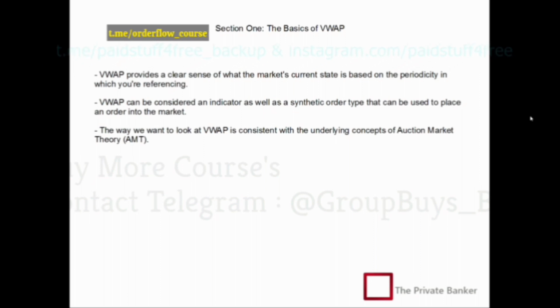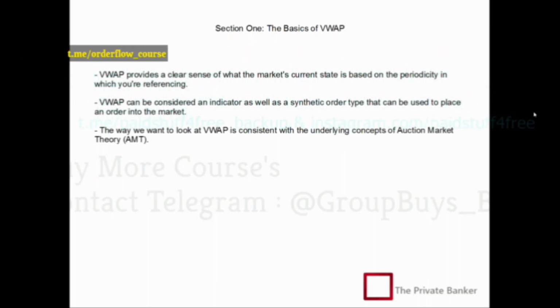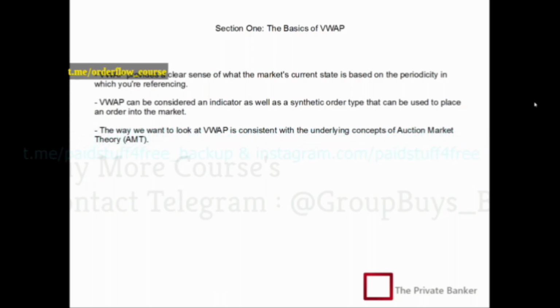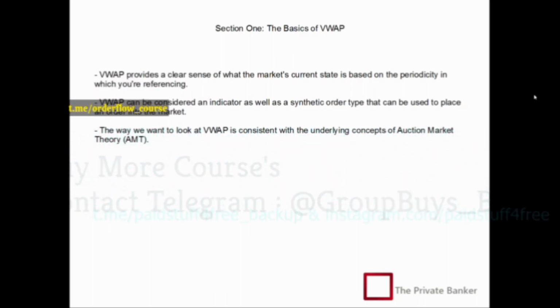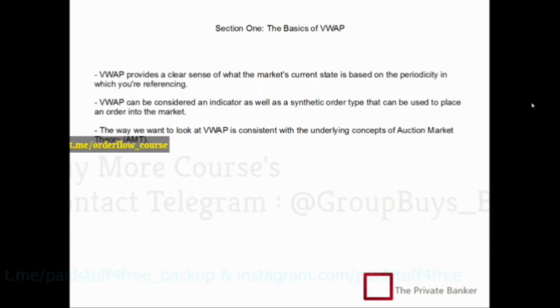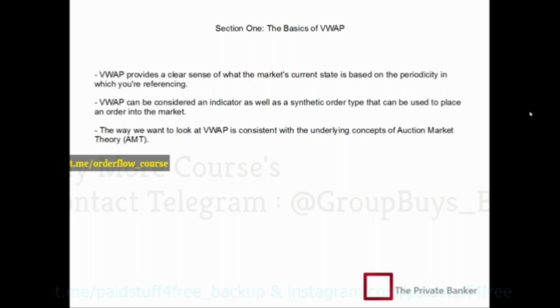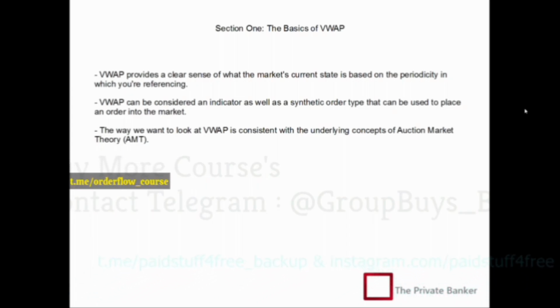So in the first section, the basics of VWAP. VWAP provides a clear sense of the market's current state, based on the periodicity we're referencing. VWAP can be considered an indicator as well as a synthetic order type that can be used to place an order in the market. And the way we want to look at VWAP is consistent with the underlying concepts of auction market theory, or the standard bell curve concept.